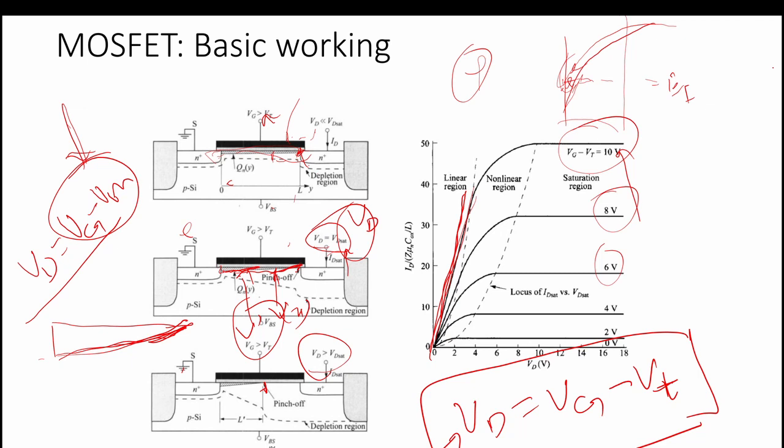The current will be constant in this region, because only the electrons at this junction will be swept away. So the current is limited by the number of electrons at this point, which are swept, and does not depend on Vd saturation.